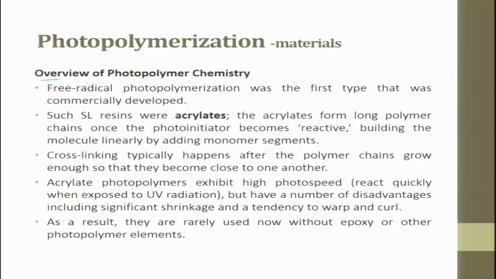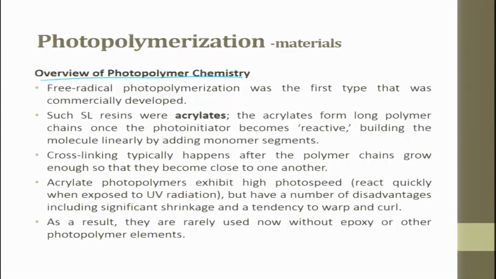The overview of photopolymer chemistry. Free radical photopolymerization was the first type that could be commercially developed. Since SL resins were acrylates, the acrylates form long polymer chains. Once the photoinitiators become reactive, the molecule builds linearly by adding monomer segments.